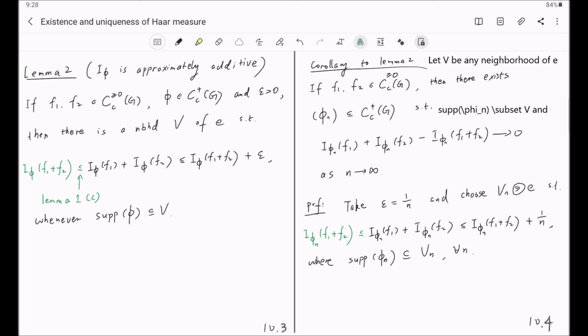Then it follows that the limit of this difference will go to 0 as n goes to infinity by this choice. This finishes the proof of this corollary.